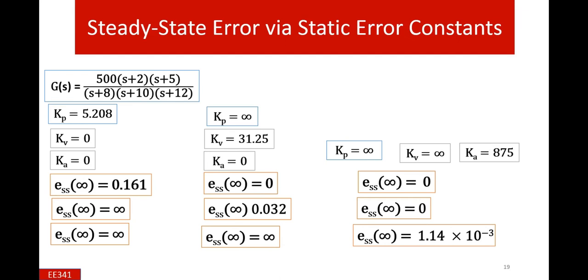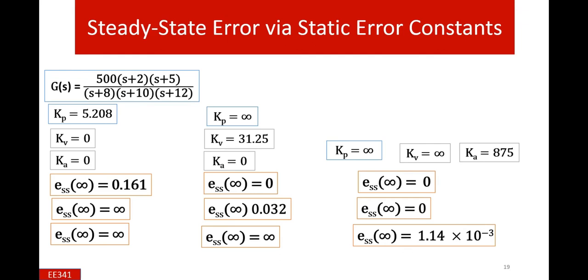First of all, let's summarize. If we have a type 0 system, then the acceleration and velocity constants are 0, but the position constant is some constant value. Correspondingly, the steady state errors are constant, infinite and infinite.